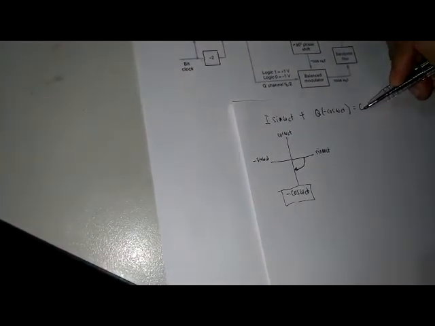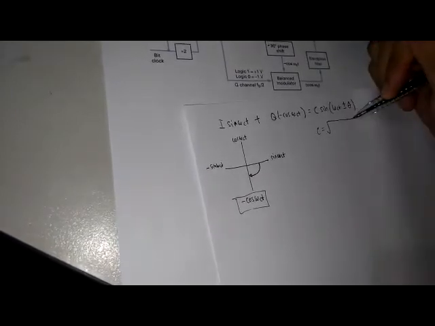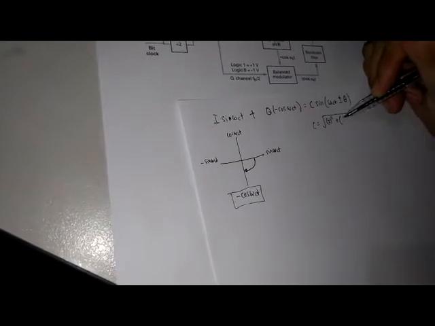And in trigonometry, there is the identity of sum and difference. So we can say that C sine omega ct plus or minus theta. To calculate C, it is equal to the square root of I squared plus Q squared.